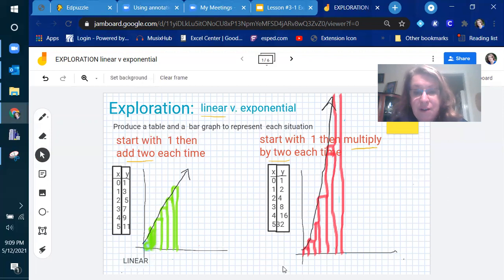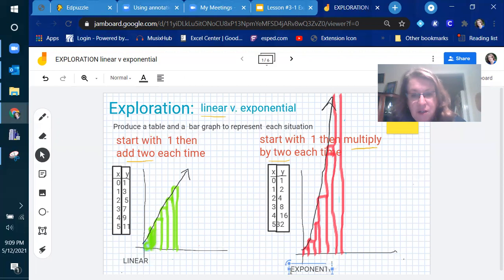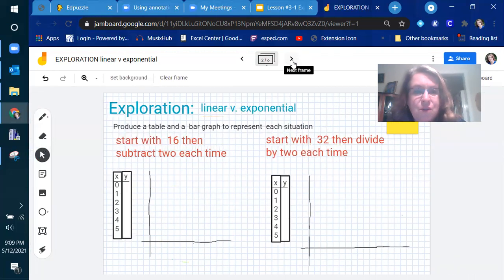And this one is called exponential. Yes, exponential. And this is the exponential function. Now this is only a piece of the curve. We're going to talk about more of that in just a minute, but let's do another example.